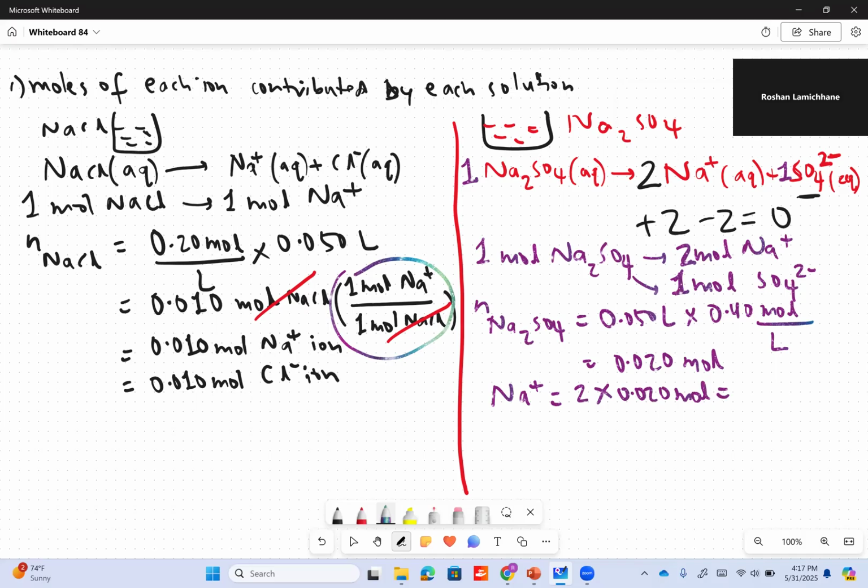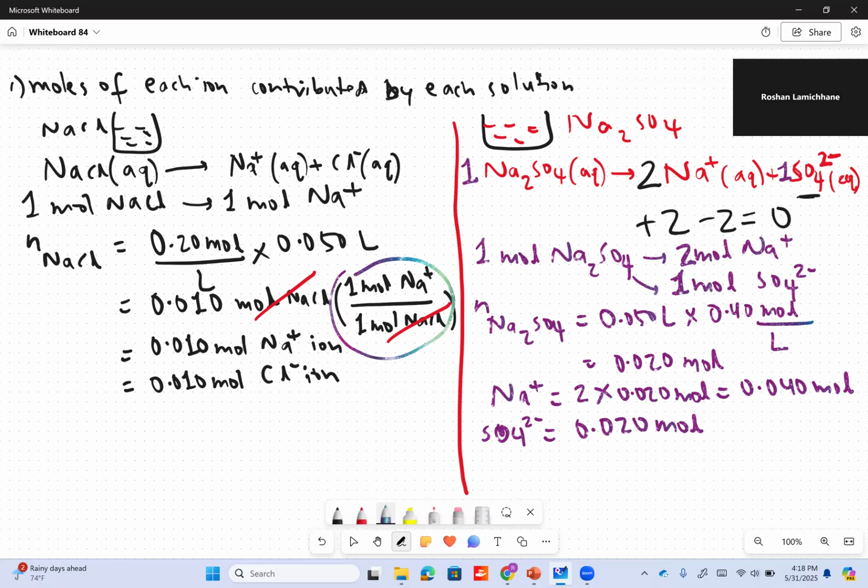That will give me 0.040 mole of Na plus ion, right? For my sulfate anion, since 1 mole of Na2SO4 yields only 1 mole, the SO4 2 minus ion will have the same number of moles as your sodium sulfate. So that's my first step.